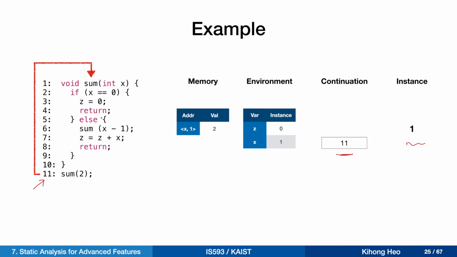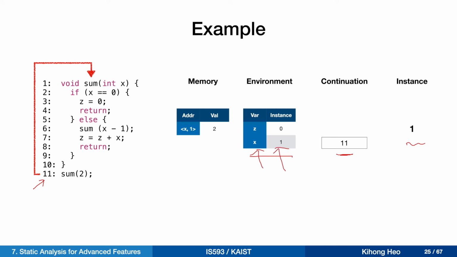And it makes a new element in the environment also, that is a mapping from the parameter x to the new instance which is 1.